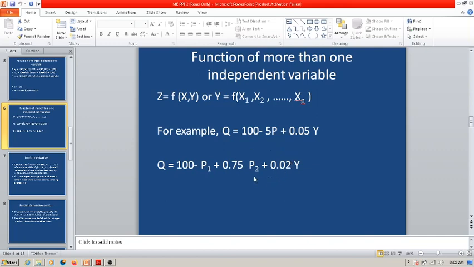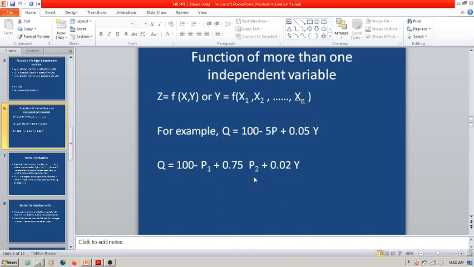That is the procedure that we are going to apply over here. So, in this scenario, to measure the effect of a change in a single independent variable on the dependent variable, we make use of partial derivative. So in such scenario, we have to depend on partial differentiation.